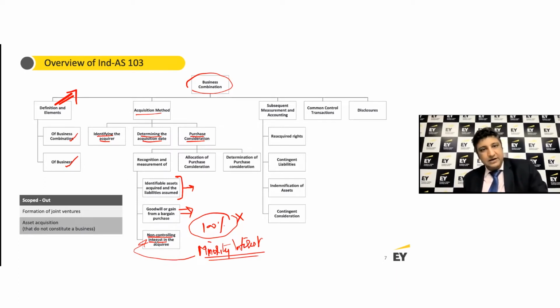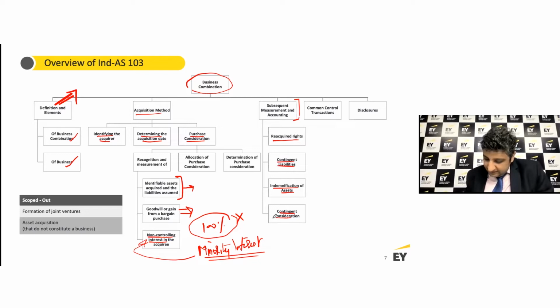So there's a discussion around that area as well when you look at all these aspects under the second step of the acquisition method, right? And then you also want to highlight as a part of the discussions, what if you have acquired a business in which there are some reacquired rights, there are some contingent liabilities in place, or if there are instances like indemnifications, and also the subsequent accounting of a contingent consideration, right?